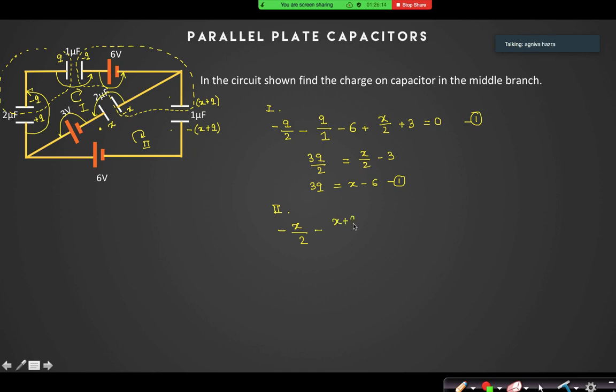Q by 1. And for the 6-volt battery, what should I write? +6. And for the 3-volt battery, -3, equal to 0. Good, so that is the second equation.